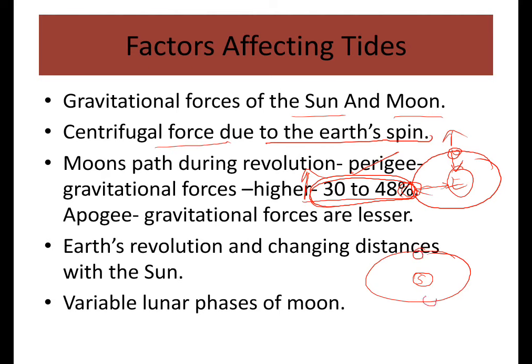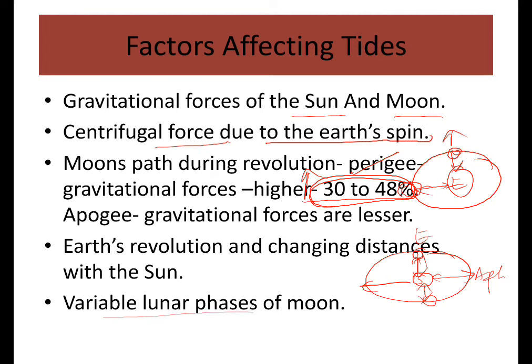In this position, the distance from the sun is less, and this position is called perihelion, whereas this position is called aphelion, where the distance is much more. So in the perihelion position the gravitational force is more, whereas in the aphelion position the gravitational force is less, and the influence of the sun's gravitational force on the earth is much less.